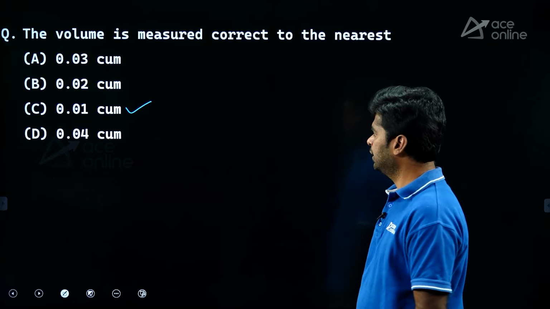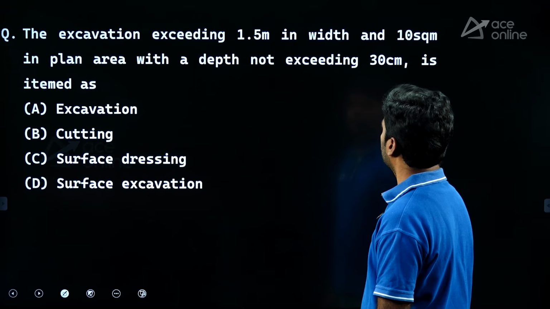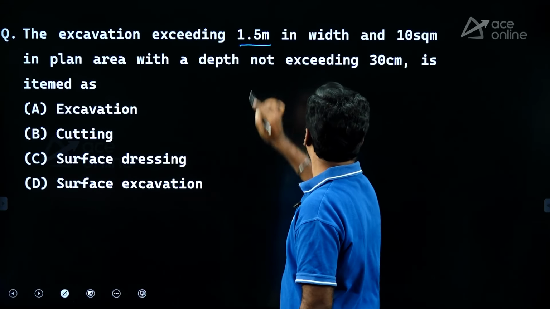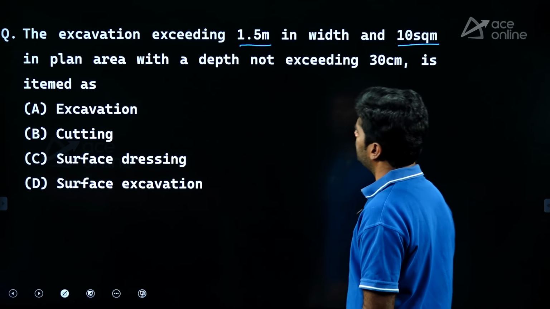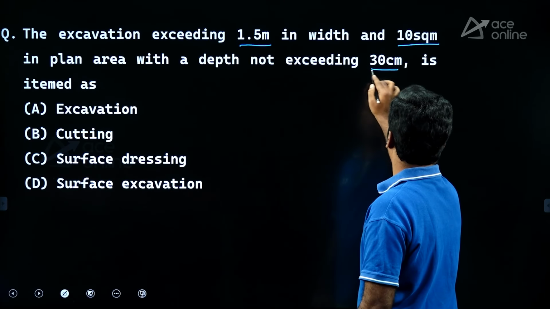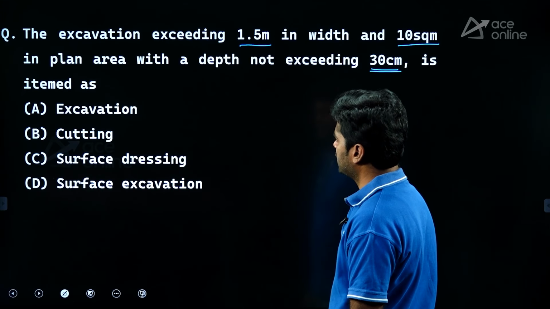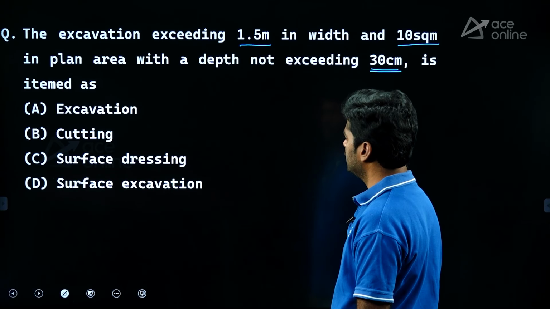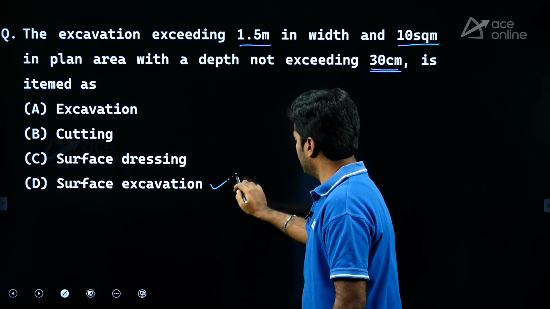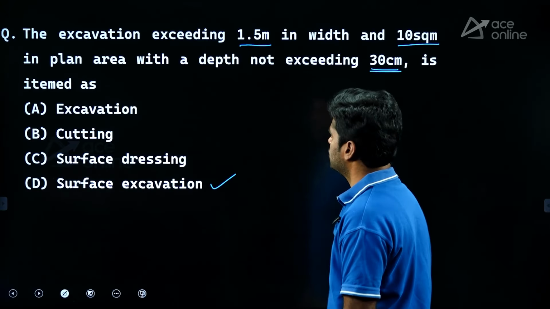Next, the excavation exceeding 1.5 meter in width and 10 square meter in plan area with a depth not exceeding 30 centimeter is termed as excavation, cutting, surface dressing, or surface excavation. My dear, for the given dimensions, I can say that it is a surface excavation.